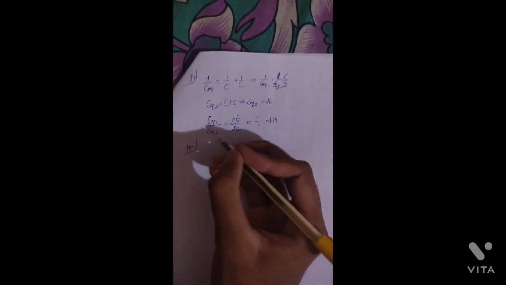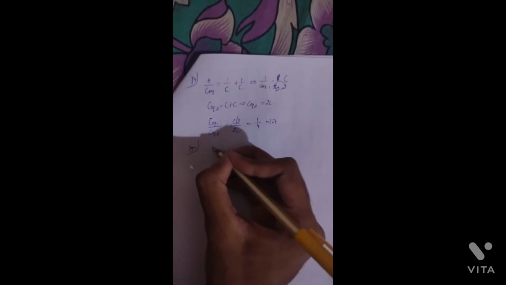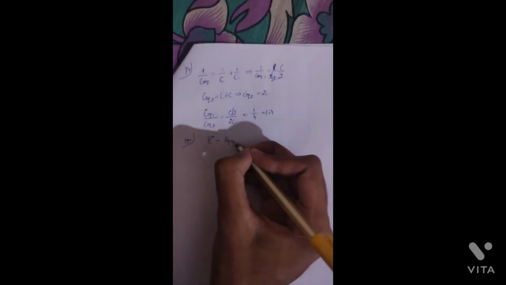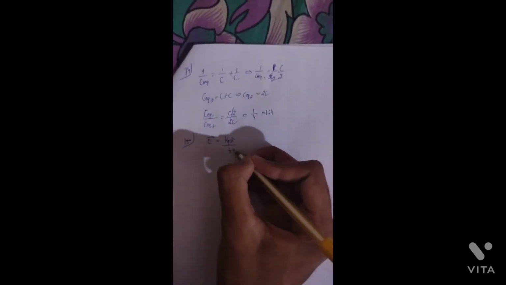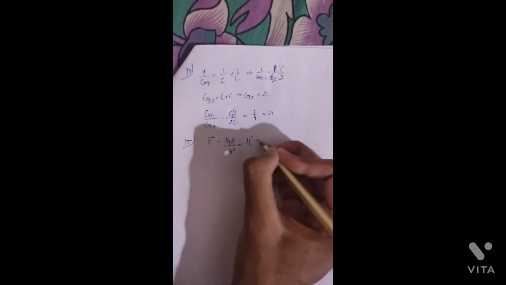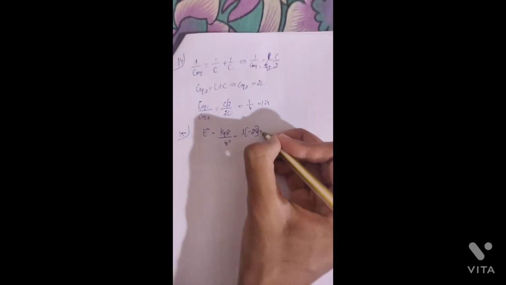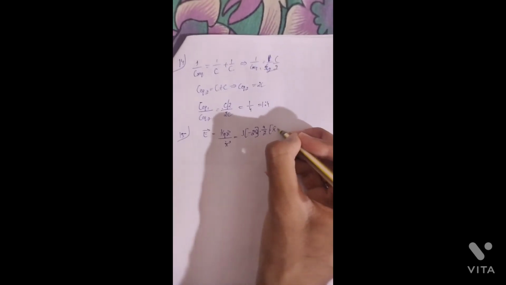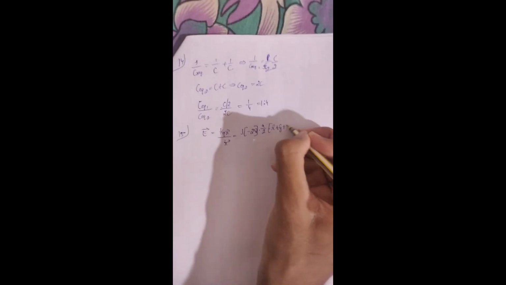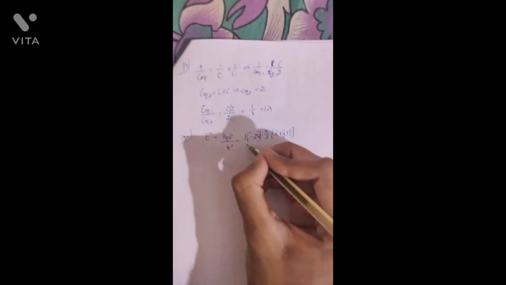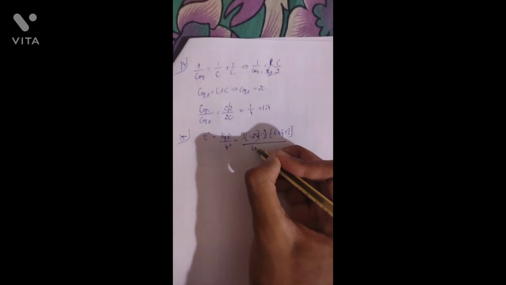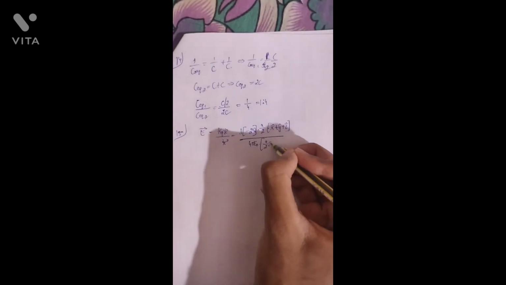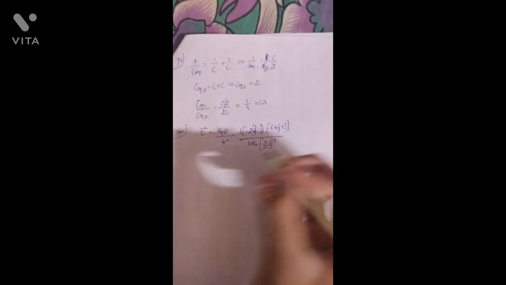Now if we solve, E vector is equal to KQ R vector by R cube, that is equal to minus 2Q by A by 2 times X cap plus Y cap plus Z cap, by 4 pi E naught times A by 2 root 3 whole cube.